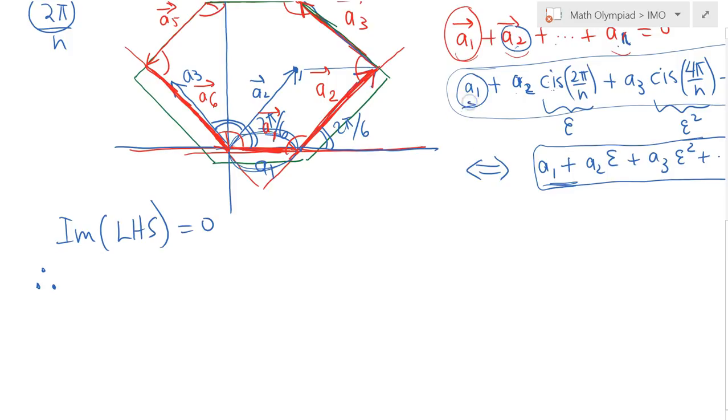So a1 doesn't have any imaginary part, so I have a2 times cis 2 pi over n, which is just cosine 2 pi over n plus i sine 2 pi over n.